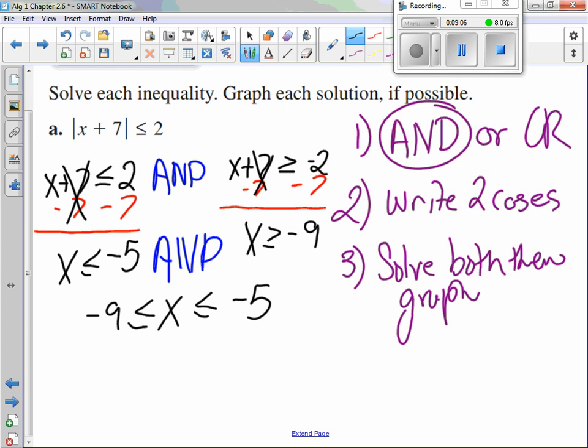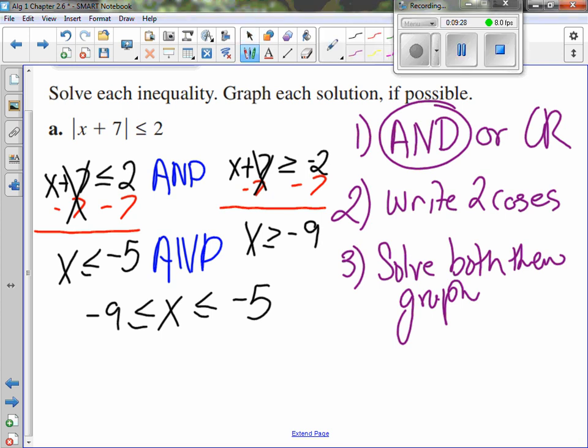No, they're good, because here x is less than negative 5, yes? So that works. Here x is greater than or equal to negative 9. So it is, but we flipped it, so it works. Does that make sense? We get it? Kinda.